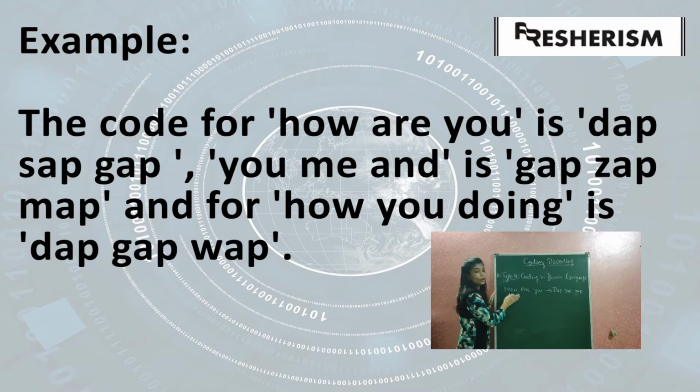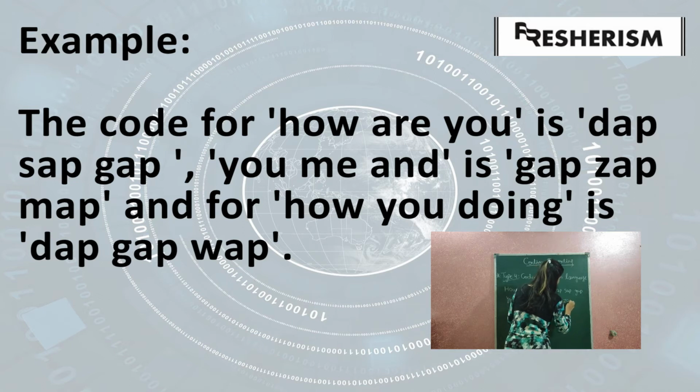Right? This is the code for how are you. Another set of words is you, me and, and the code for this is GAP, ZAP, MAP.